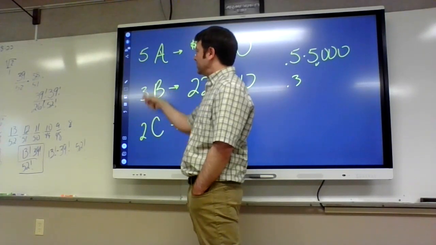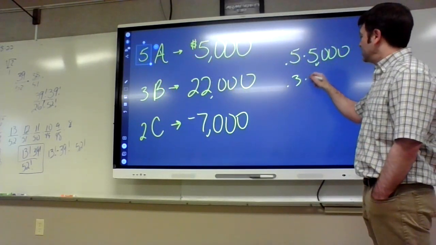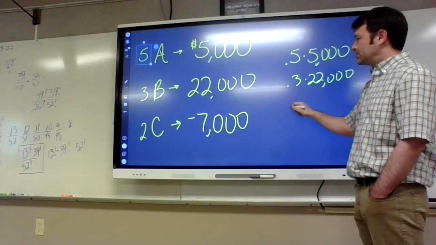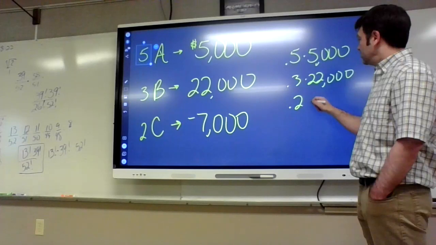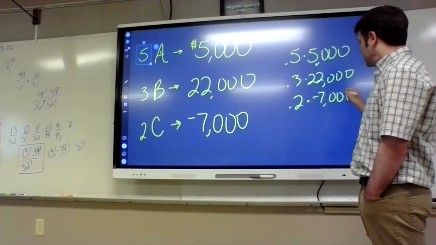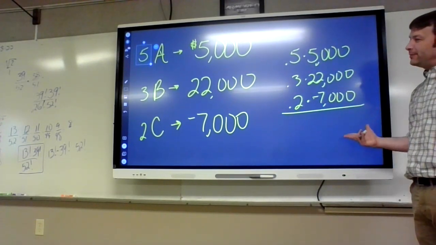So 50% of them made 5,000, 30% made 22,000, plus 20% made negative 7,000. And if you add all these together, that will give you an expected value.